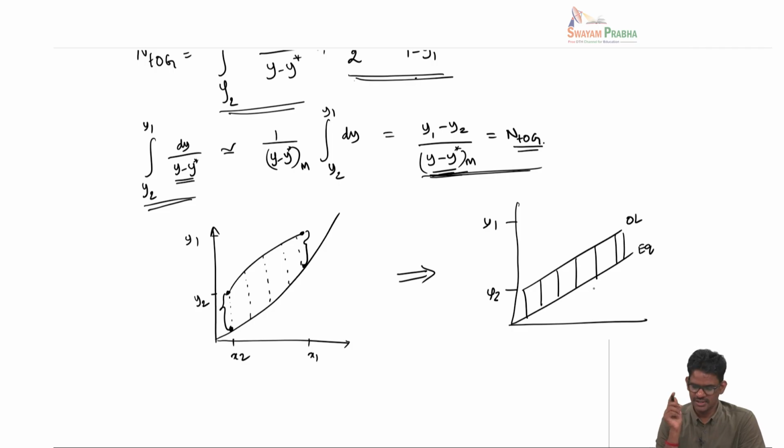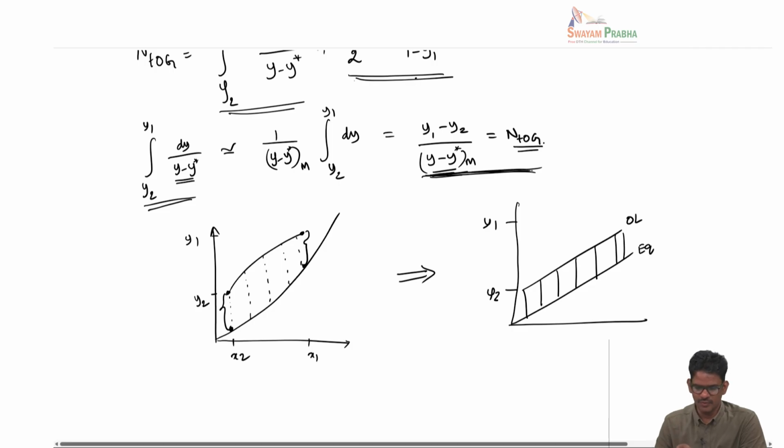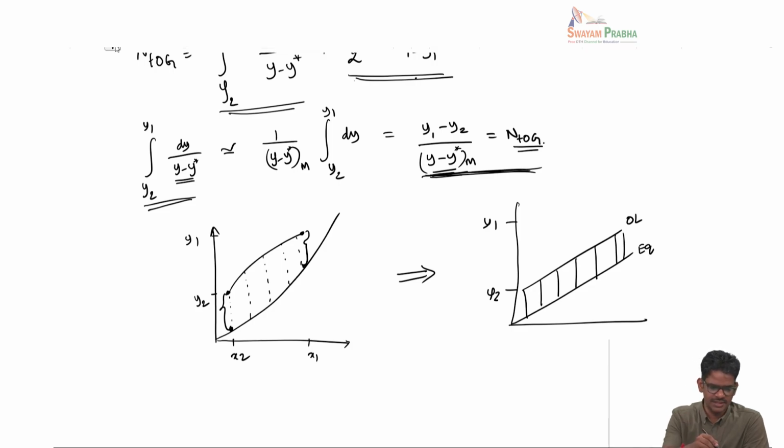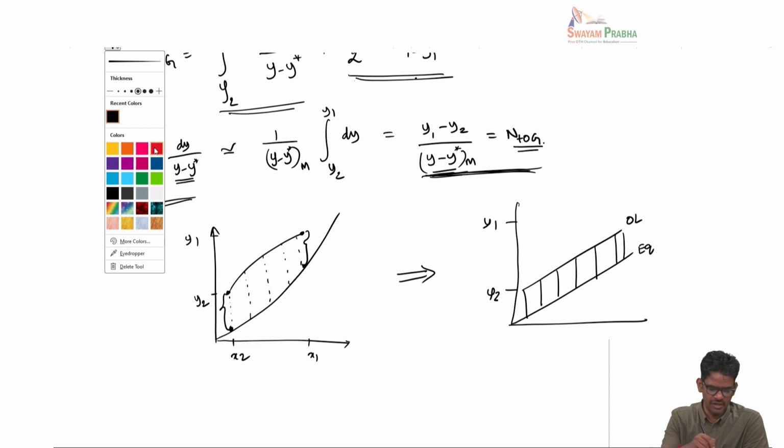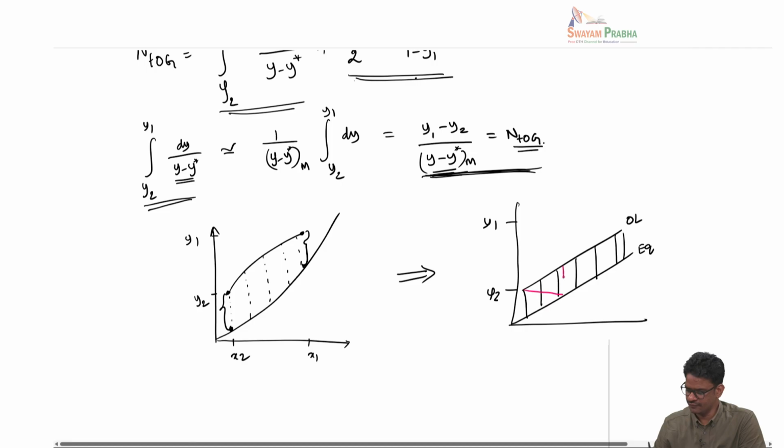So then by this formula, what we can say is the NTU that we are talking about is nothing but the number of steps I can draw here. This is 1, this is 2, and so on. What this step means here, if you look at this step, this is the actual concentration that is changed going from this point to this point, right?